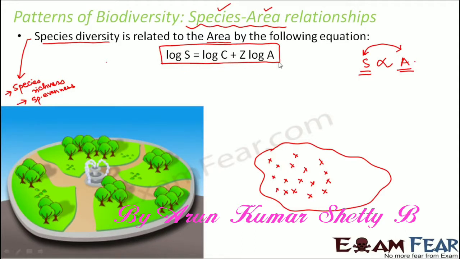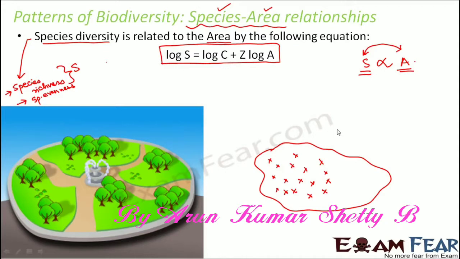Now, as I said, the species diversity here is mainly denoted by species richness, which we have denoted as S. So S is directly proportional to A, where A is the area explored. But this direct proportionality will continue only up to a certain limit. It will not be forever. It is not that as it keeps exploring more and more area, the species diversity keeps increasing.